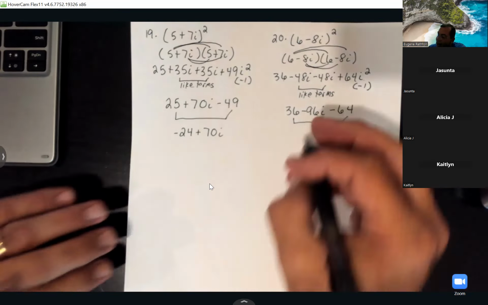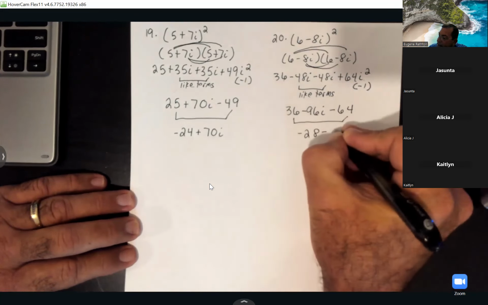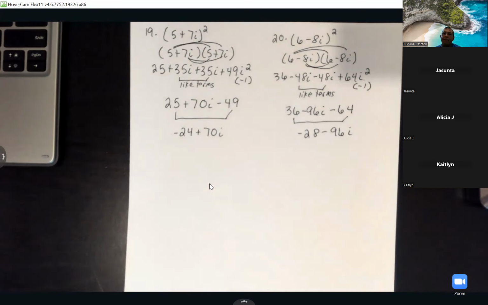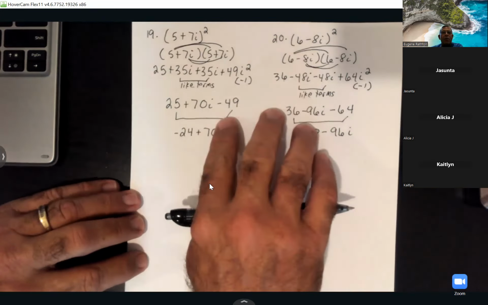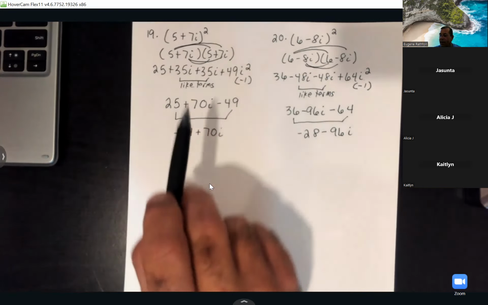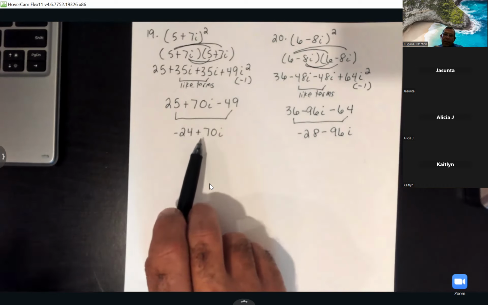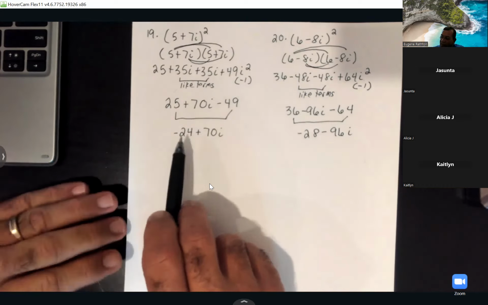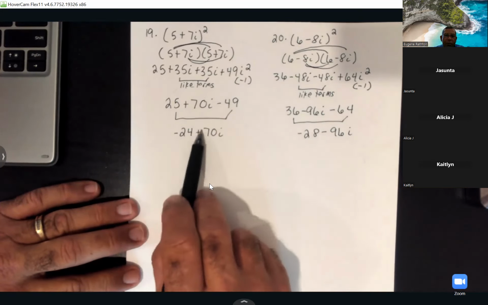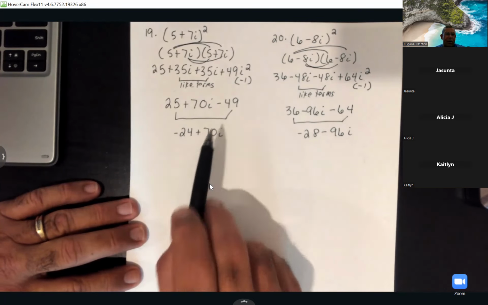And that's giving me a negative 28 minus my 96i. So by hand, that's how you're doing them. Otherwise, punch them on that calculator like they look, and they will give you these answers. Now, remember, the only thing you got to watch out for in MyMathLab, they got to have A plus Bi form. The real number first, followed by the imaginary part, okay?